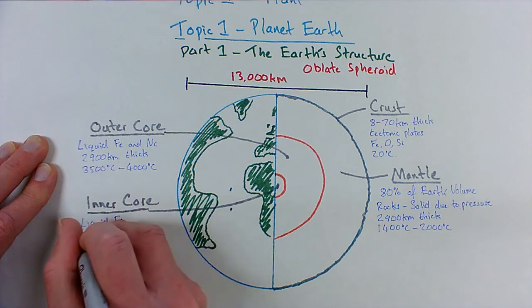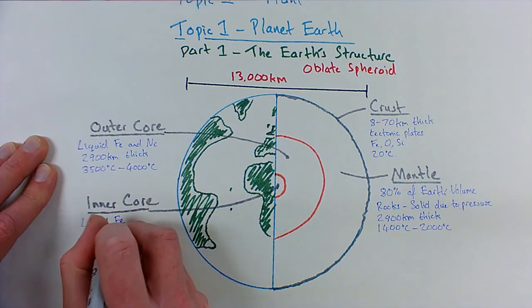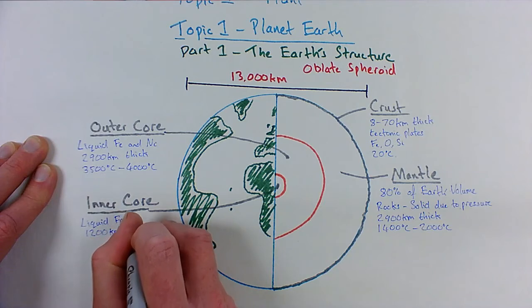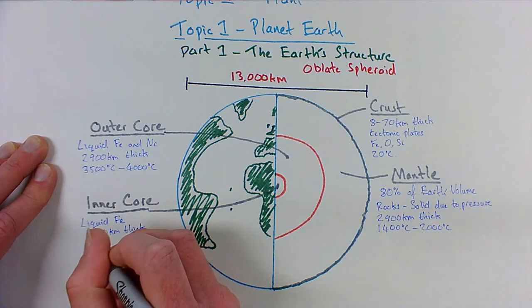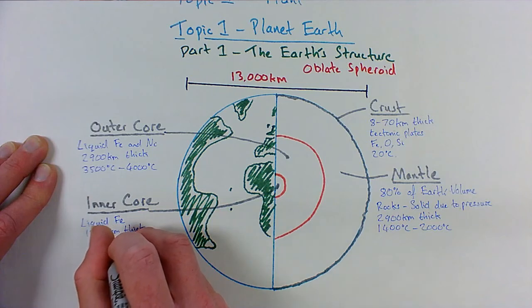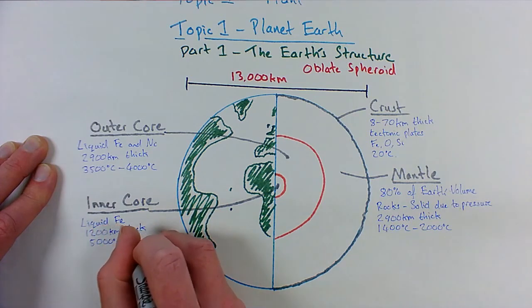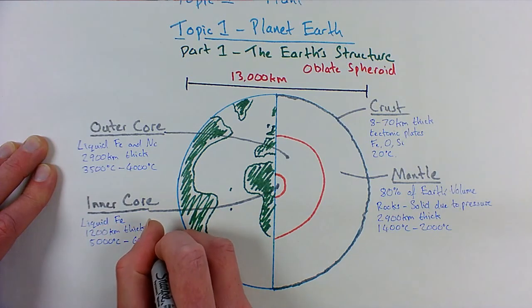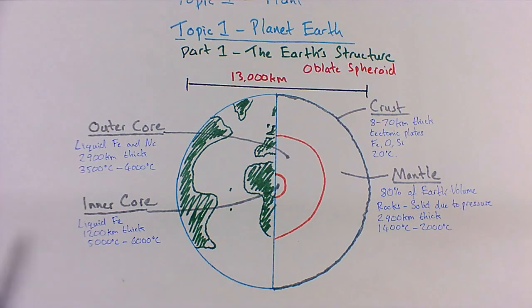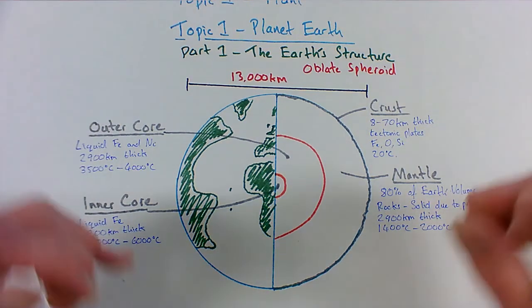It's about 1,200 kilometers thick, and it's the hottest part. It's about 5,000 to 6,000 degrees Celsius. So those are some brief notes, but they're the key notes that you need to know about the Earth's structure.